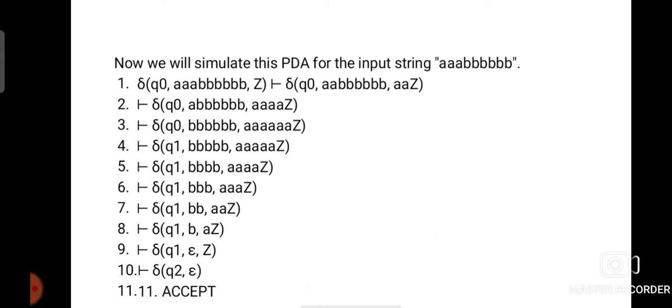So when we apply A to the state, A's will be pushed onto the stack. So when the stack reaches only the Z symbol, this leads to the final state. So if we are able to produce the new state Q2, we will say the given input string is accepted.